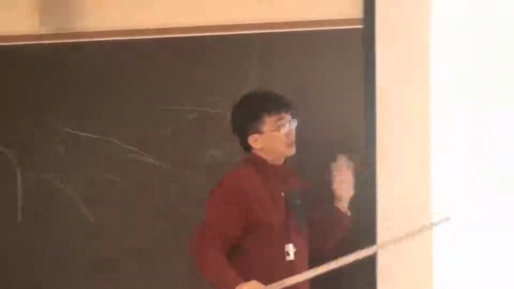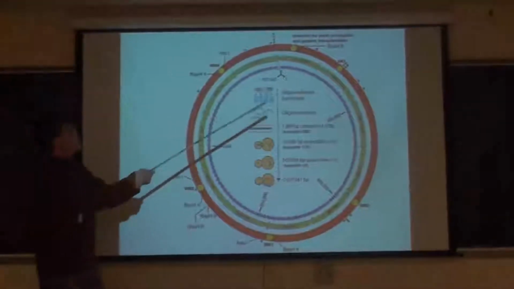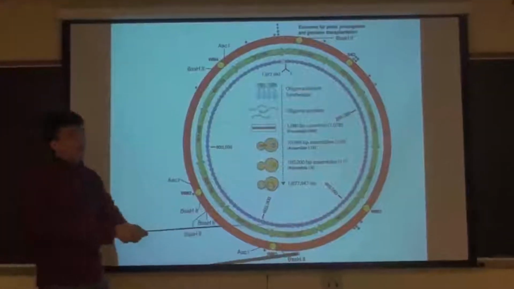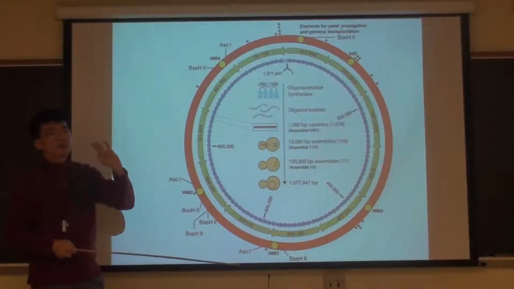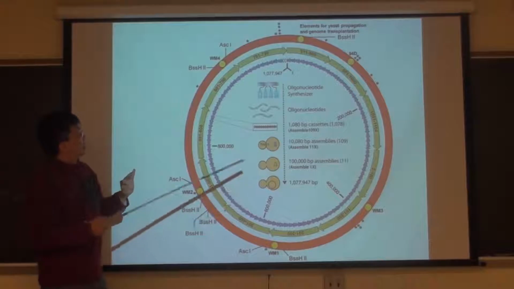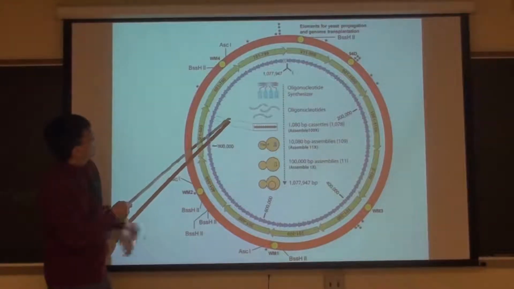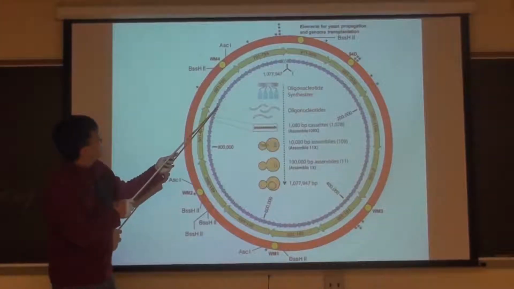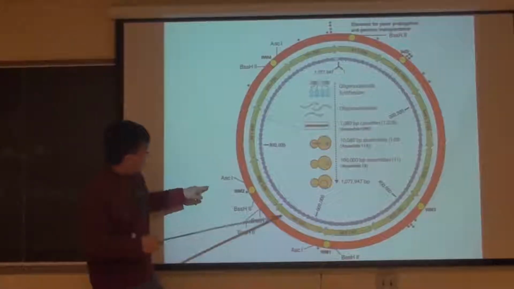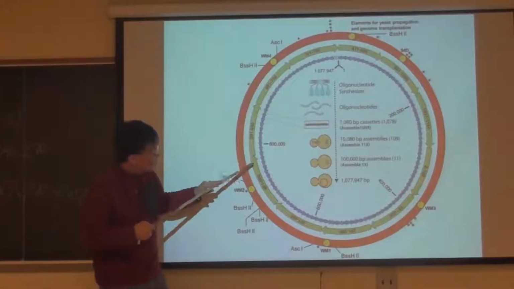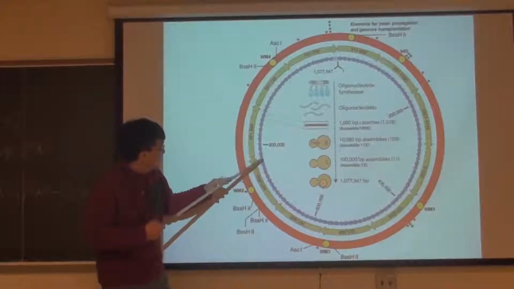What they did, at least I think technologically, is really marvelous, it's amazing. You have 1 million base pairs of DNA, right? They assembled that DNA in 3 different steps. They started with DNA molecules, so this is 1 million base pairs, this is 100,000 base pairs long, and this is 10,000 base pairs long.